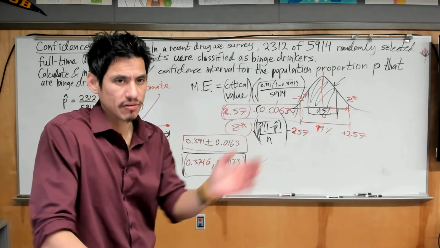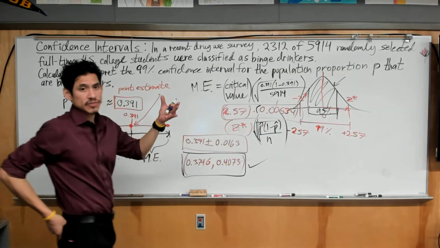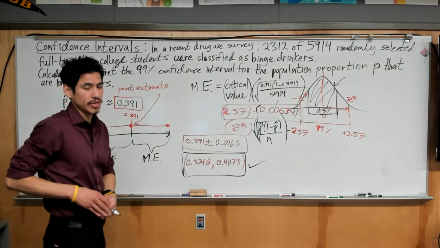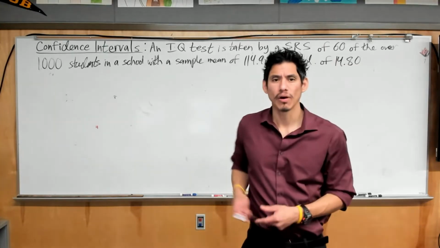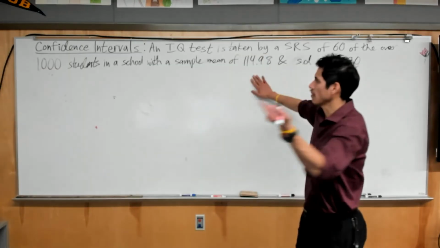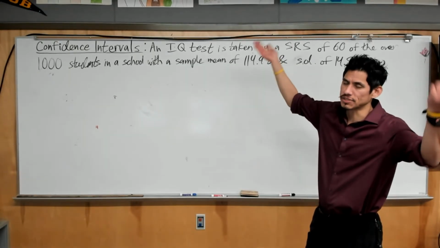Now let's finish off and just look at how we calculate the confidence interval for a population mean. So I'm going to time travel here, so just hang on. All right, so now let's look at a scenario where we have to calculate a confidence interval for a sample mean.